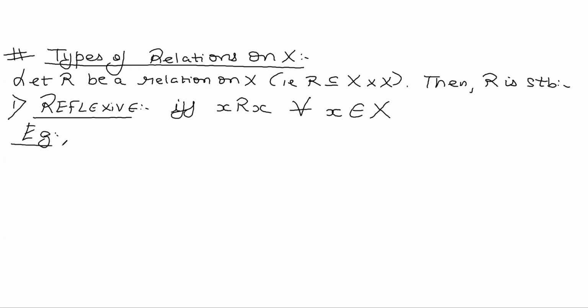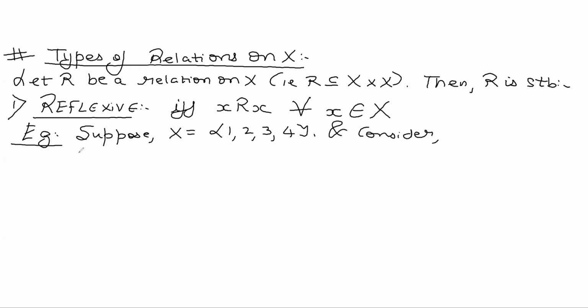Example, suppose X is equal to 1, 2, 3, 4 and consider the relation R1 as the set of 1, 1, 2, 2, 3, 3, 4, 4.